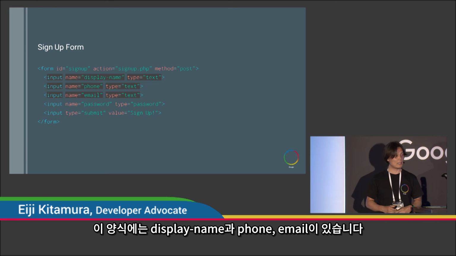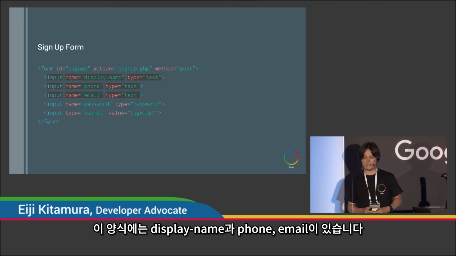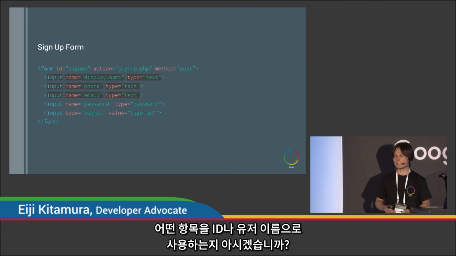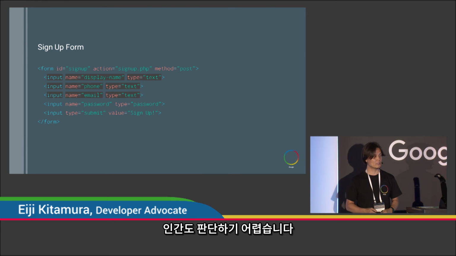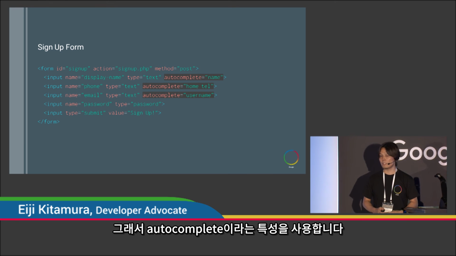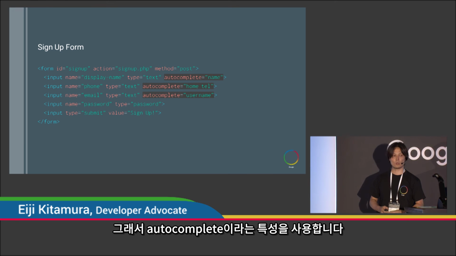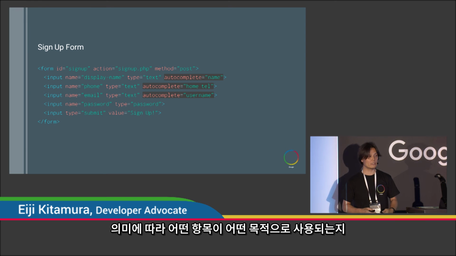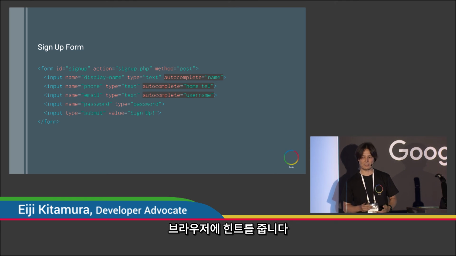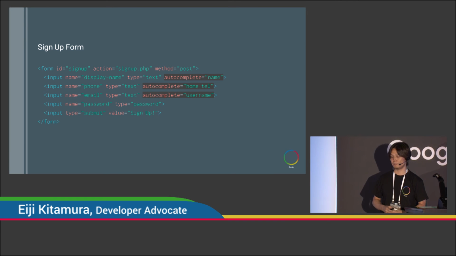If you look at this form, you can see that there's display name, phone, and email. Can you guess which one is being used as ID or username to sign in? It's difficult, even for humans. So what you can do is use an attribute called autocomplete, which gives the browser a hint which one is for what purpose, in a semantic way.